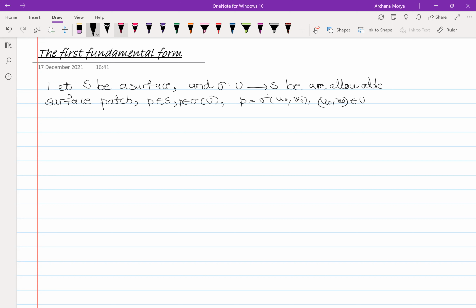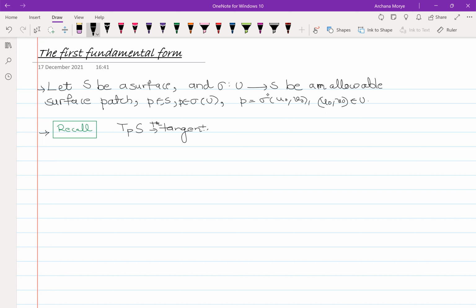Okay. Now, as I said, the fundamental form is in the dual space of the tangent space. So let us recall what we did earlier for the tangent space. If I have all this information, then if I take the tangent space at a point P for the surface, can you tell me what is the basis for this?